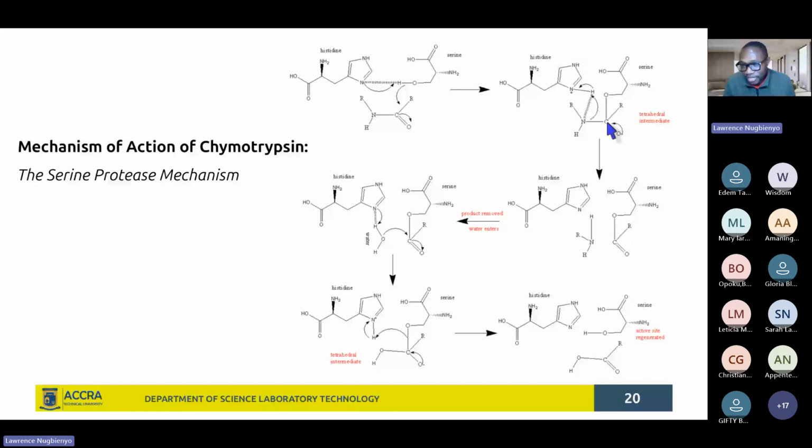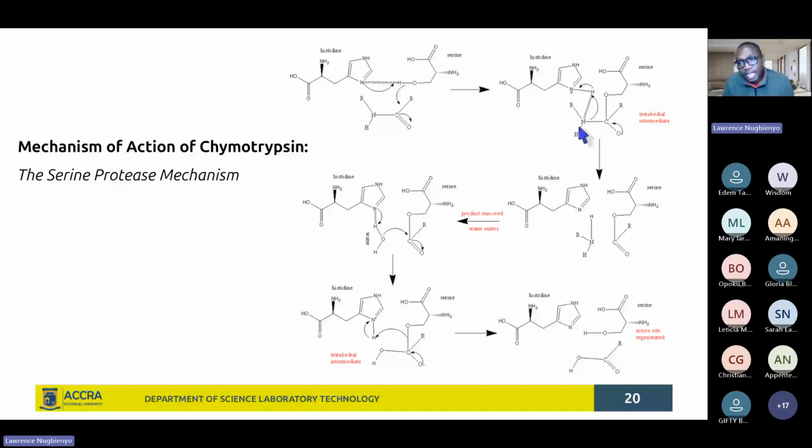So that's an intermediate that is formed there. You have the protein which is to be broken down, now having such a complex formed with the amino acid residues, serine and histidine, in the active center of chymotrypsin.